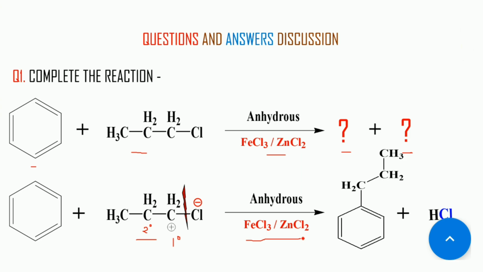So you can use any kind of Lewis acid for substitution of benzene, but they have different features, like FeCl3 and ZnCl2. They cannot rearrange the carbocation. Actually, if you go through its mechanism, you find that no carbocation is produced. Yes, no carbocation is produced.